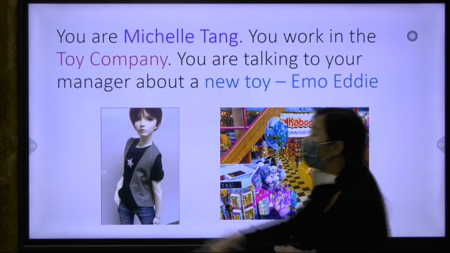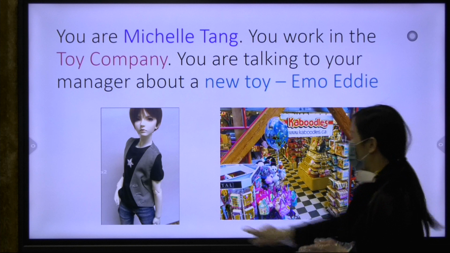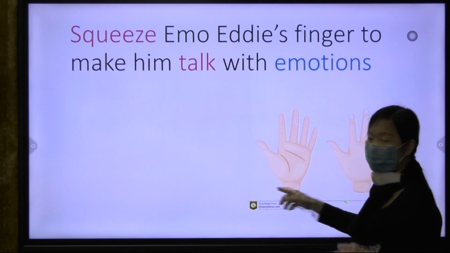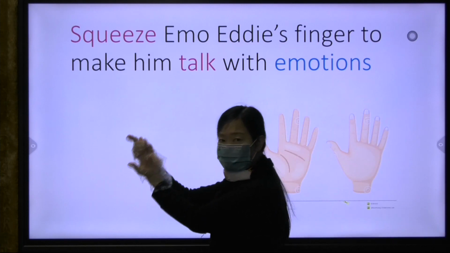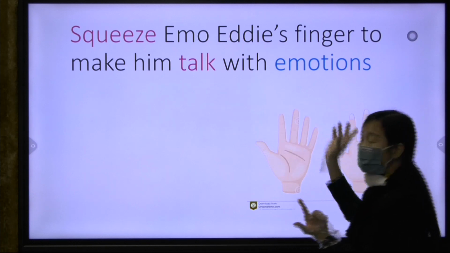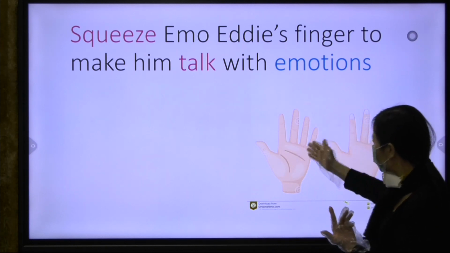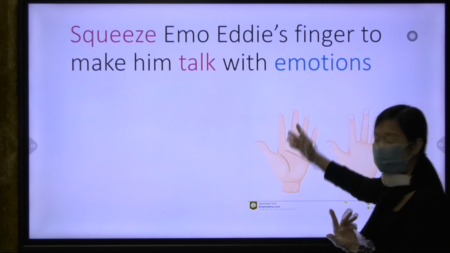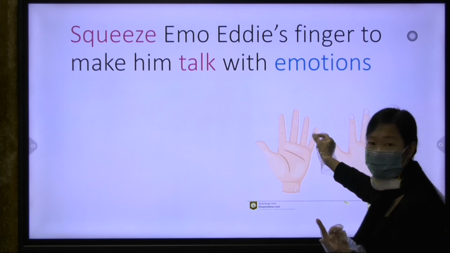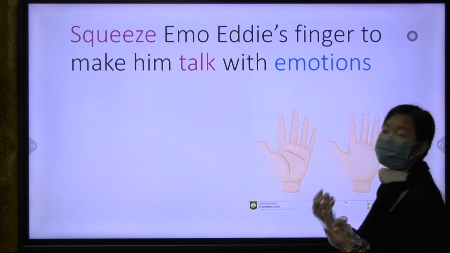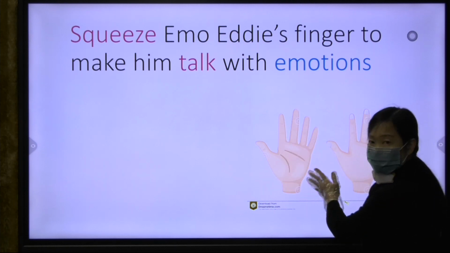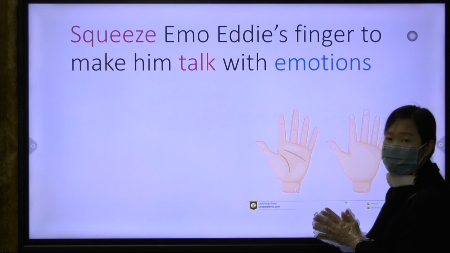Something very interesting about Emo Eddie is that if we squeeze his finger, we can make him talk with emotion. Each of his fingers has one kind of emotion. If you squeeze any of his fingers, he will talk with one kind of emotion. And so you have to write down what different kinds of emotions are.